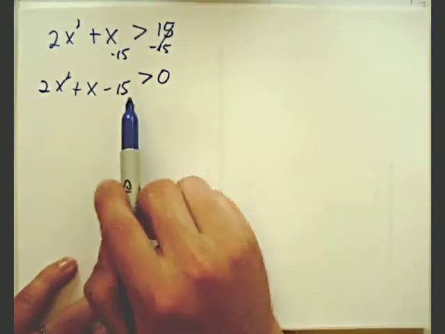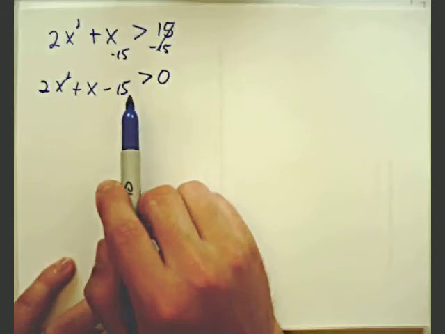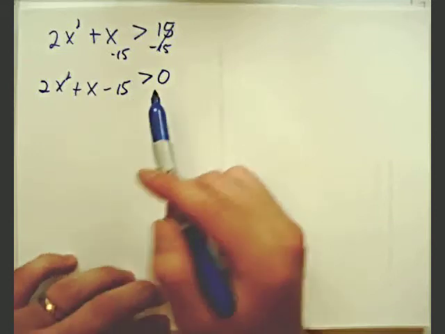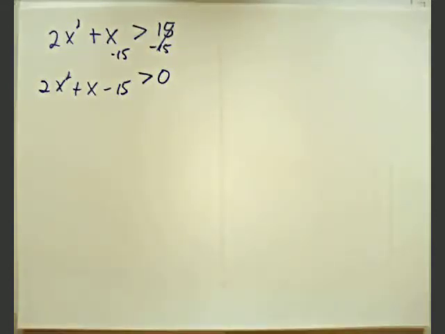So we need to find the x-intercepts. Lots of these you can find by factoring or the quadratic formula, or you can proceed like we did in the last section with our calculator. So we'd want to graph the left-hand side.